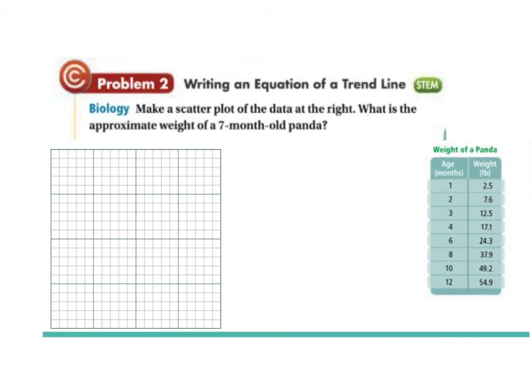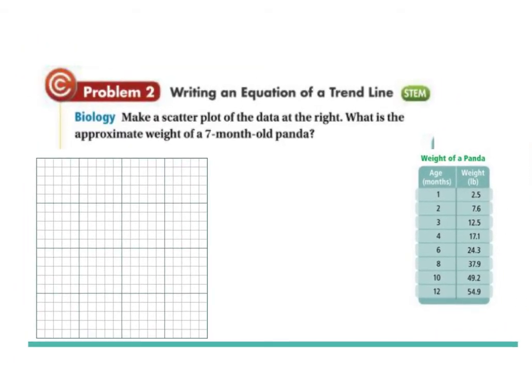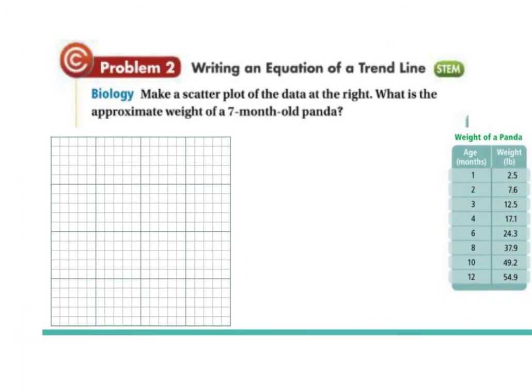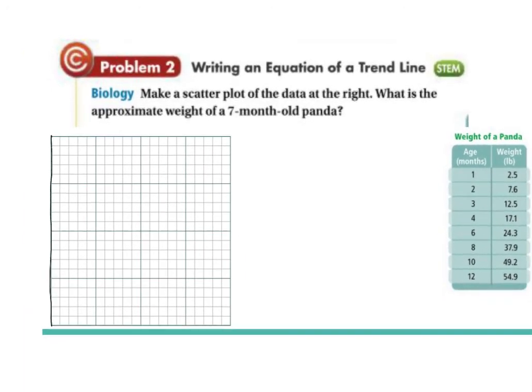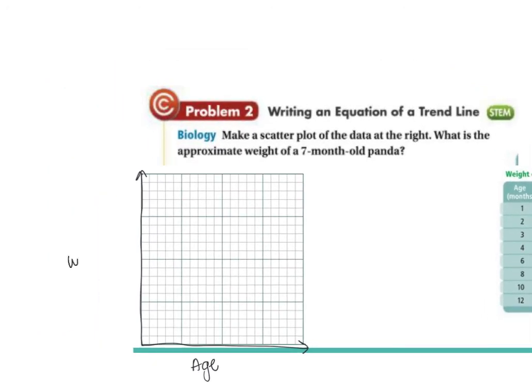Writing an equation of a trend line. Make a scatter plot of the data at the right. What is the approximate weight of a 7-month-old panda? Okay, let's go ahead and again do our X and Y axes. My X axis will be the age, and my Y axis will be the weight.